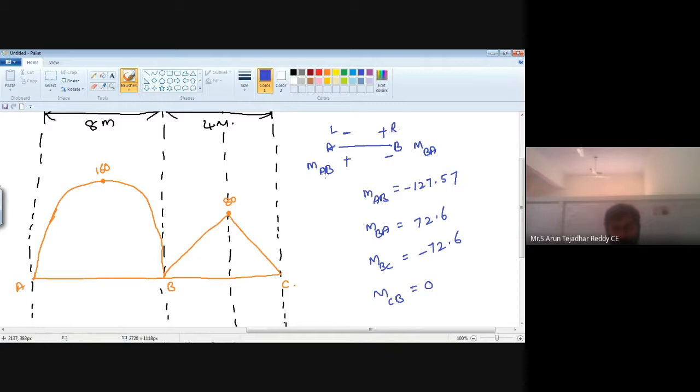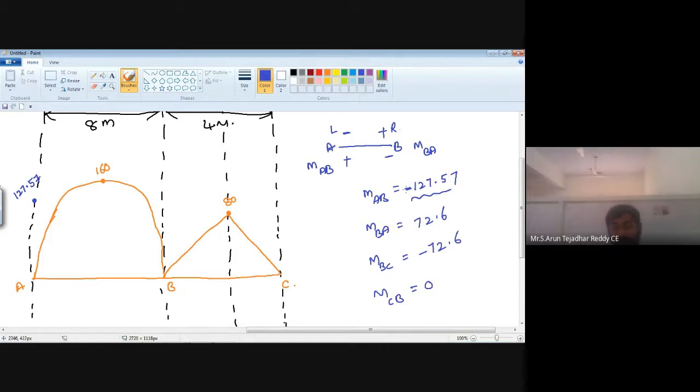Here MAB we got minus 127.57. MAB is left side, value is minus, so it is above the beam. The bending moment diagram is above the beam. Somewhere here it is 160. So below the 160 it is 127.57.